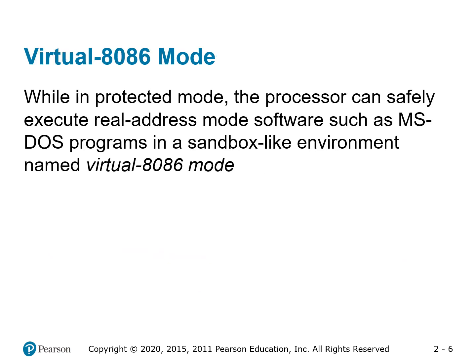Then the virtual 8086 mode is a submode of the protected mode. And what this does is, while you're in protected mode, the processor can safely execute real address mode software.